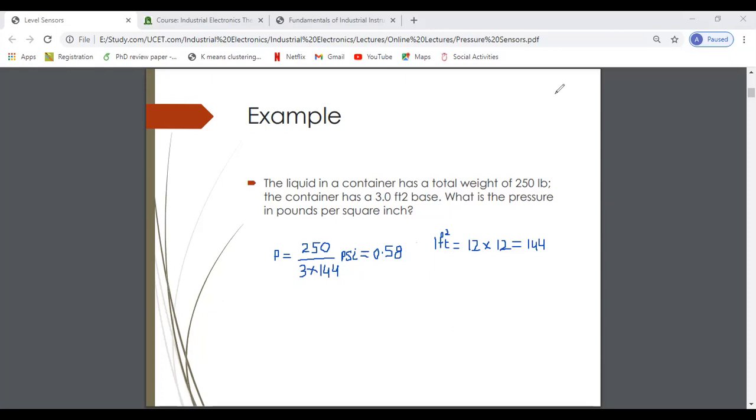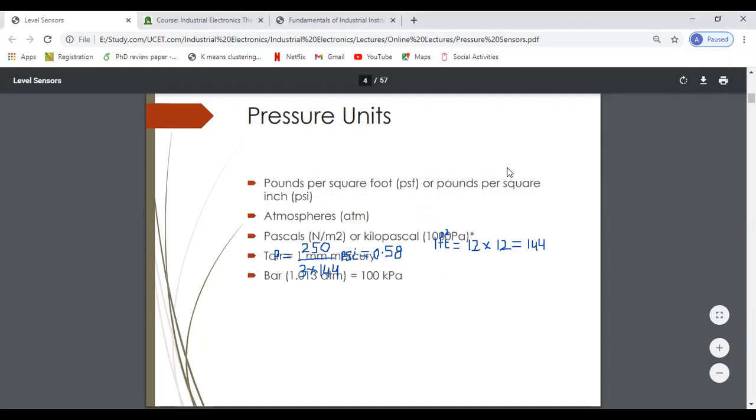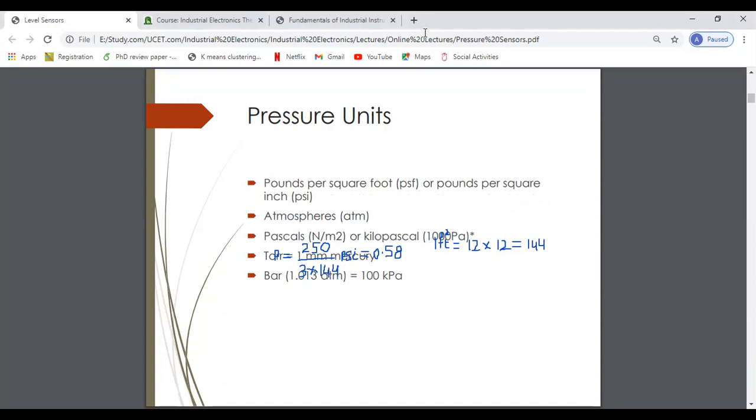So now we move on to the next slide. In the next slide, the units of pressure are discussed, and we have to clear the page first.